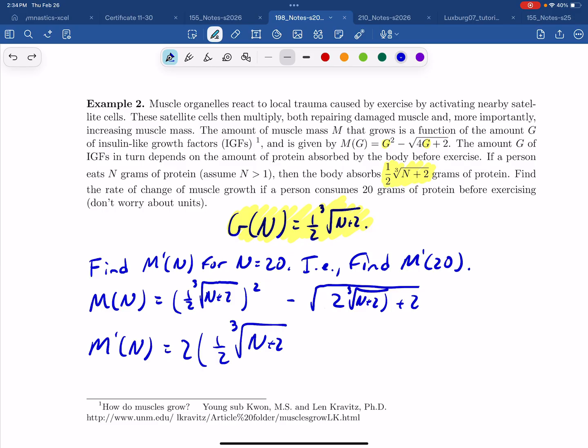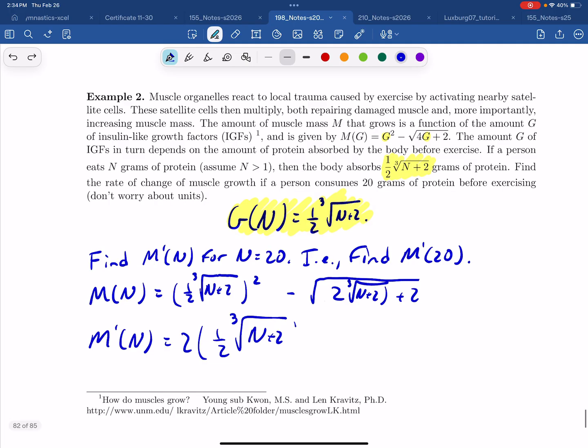And then we're going to multiply that by the derivative of the inside. So keep in mind the inner function is this guy. So it's going to be 1/2 times 1/2 square root of n plus 2. And then it'll be times the derivative of n plus 2, which is times 1.